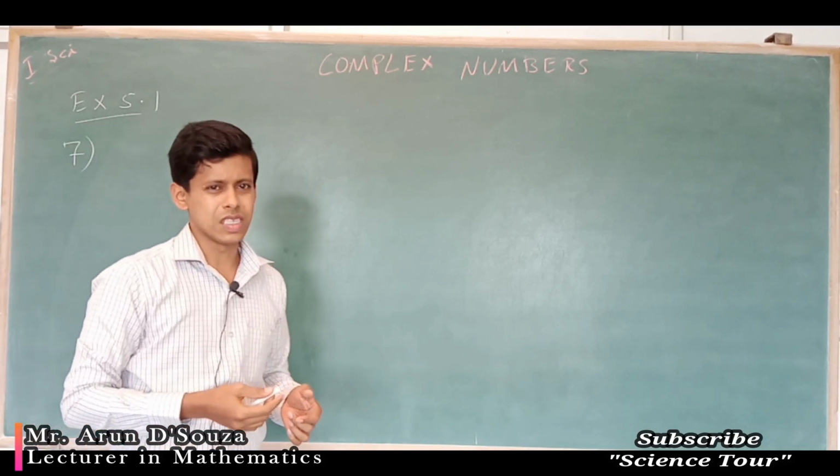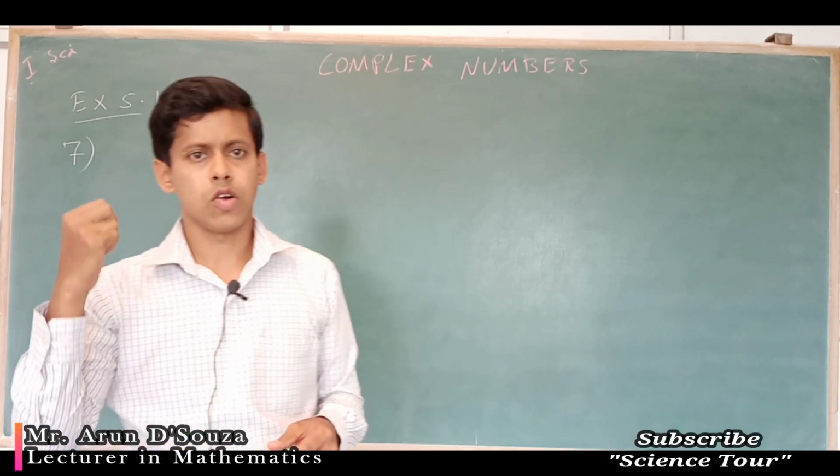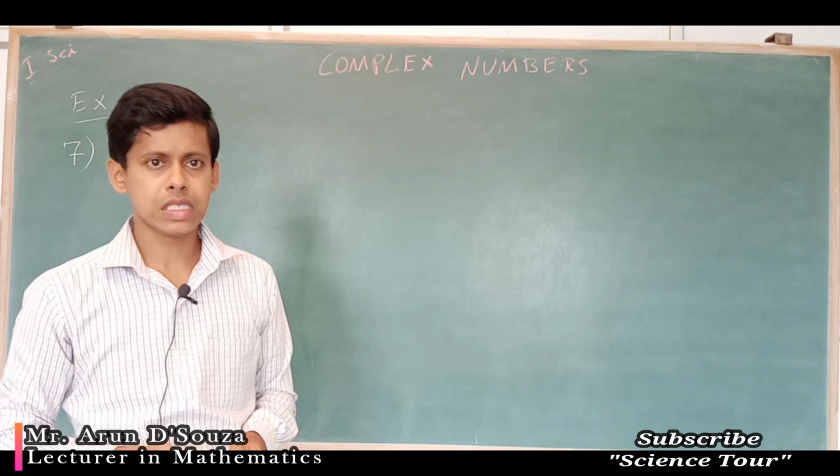What you have to do here is express the complex number in the form of a plus ib.